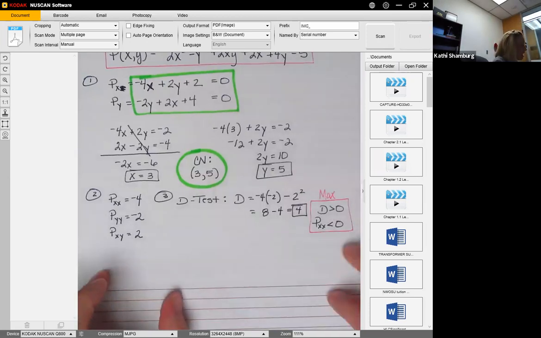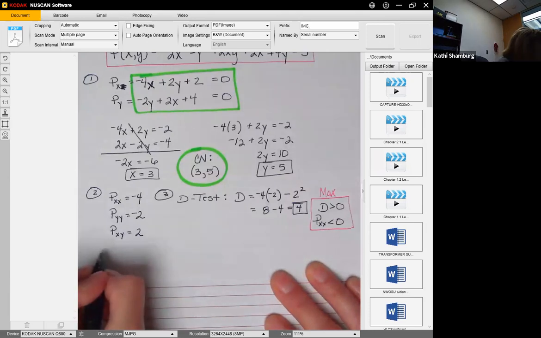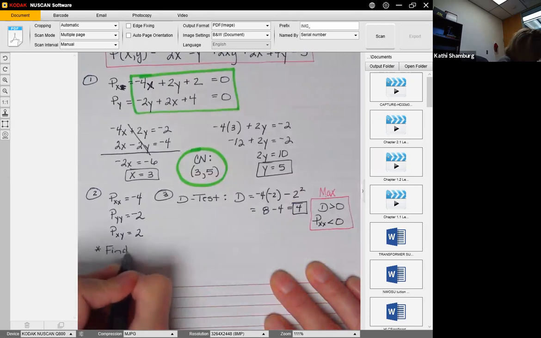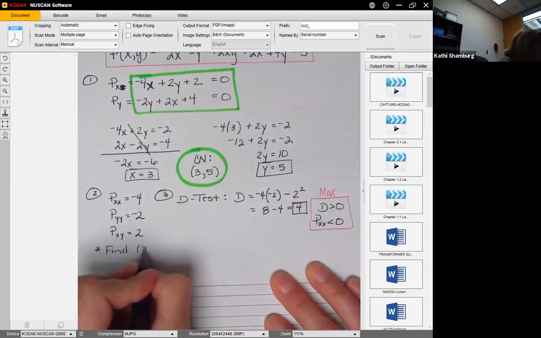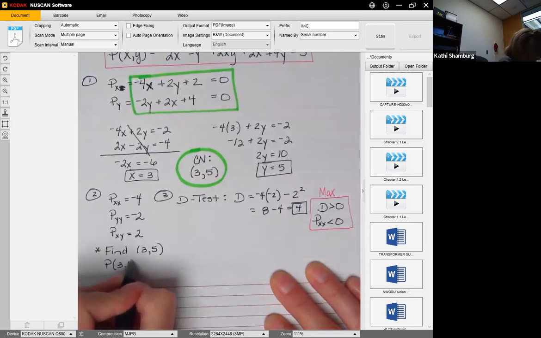So it tells us then to find that profit. To find that profit, we take our ordered pair, which is our critical number, and we put it into the profit function.